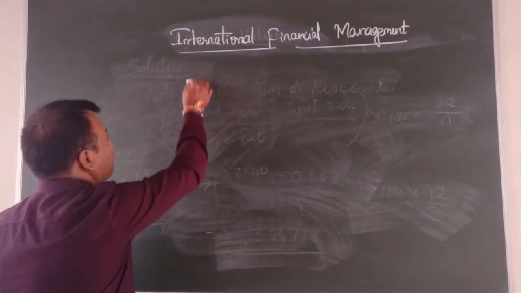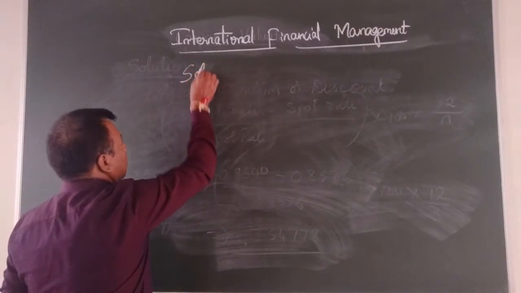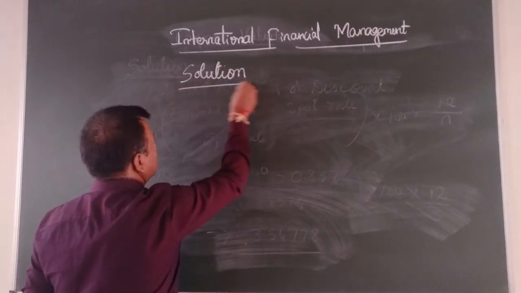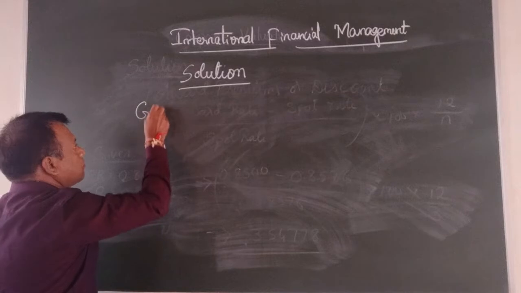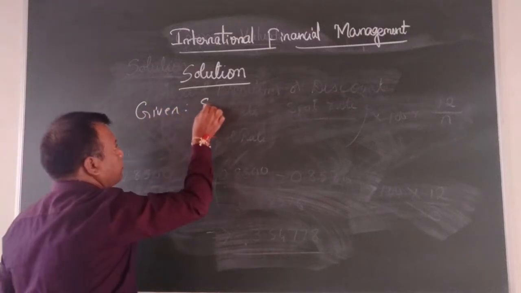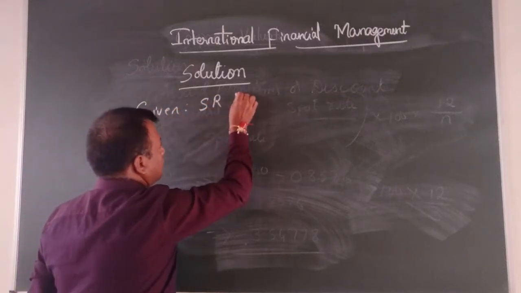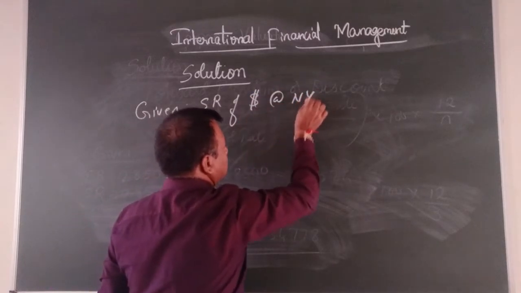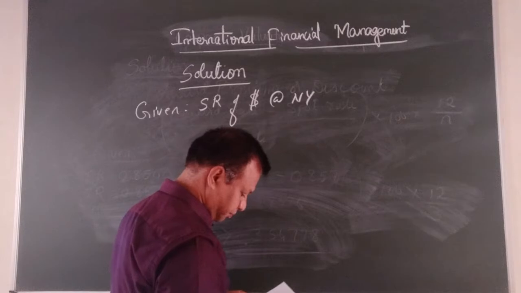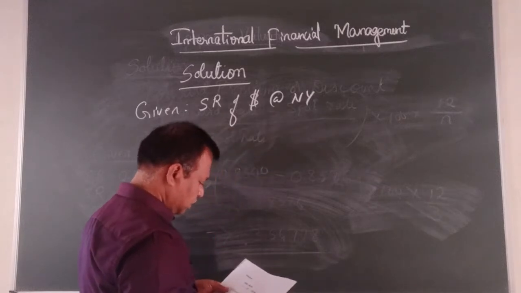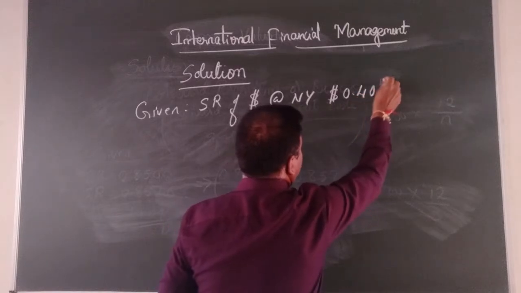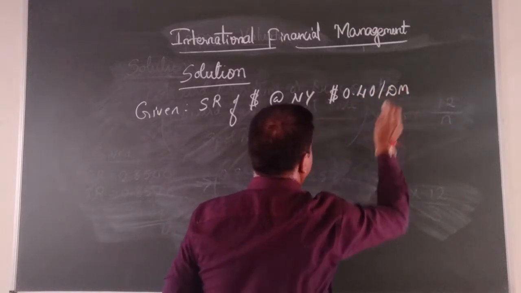So let's go for the solution for this. What is the problem? The spot rate of dollar at New York is how much? $0.40 per Deutsche Mark.